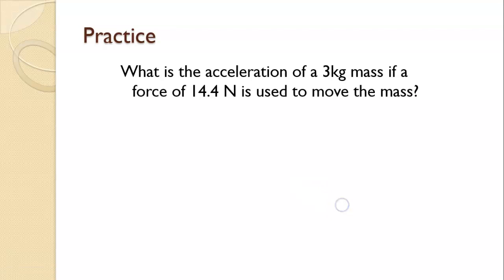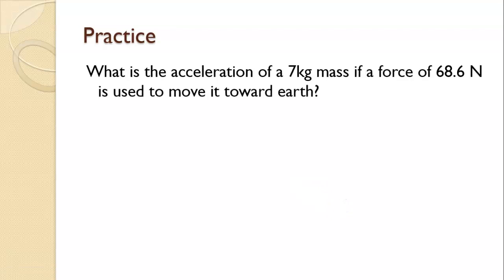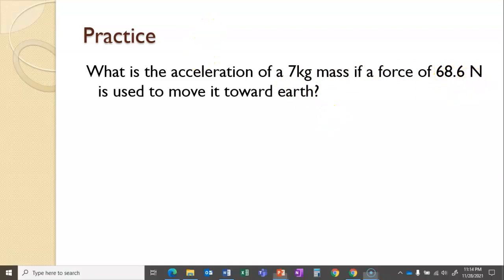All right, let's take a look at this next one. What is the acceleration of a 7 kilogram mass if a force of 68.6 newtons is used to move it toward Earth? Same idea here. We're looking for acceleration, so we're using the same formula: acceleration is equal to force divided by mass.